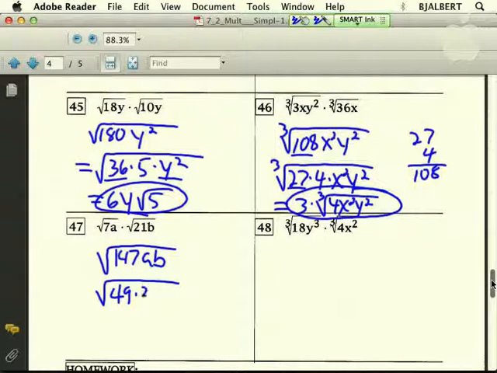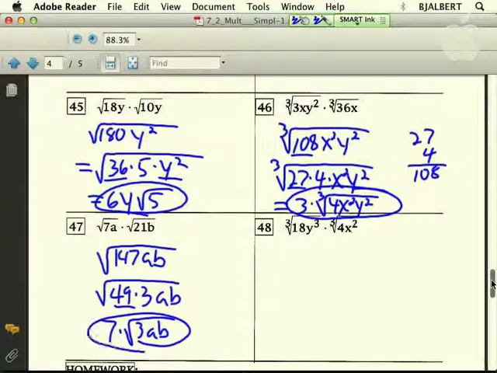Let's see, 49 times 3 is 147. Square root of 49 is 7, so we'd have the square root of 3ab left. Number 48.